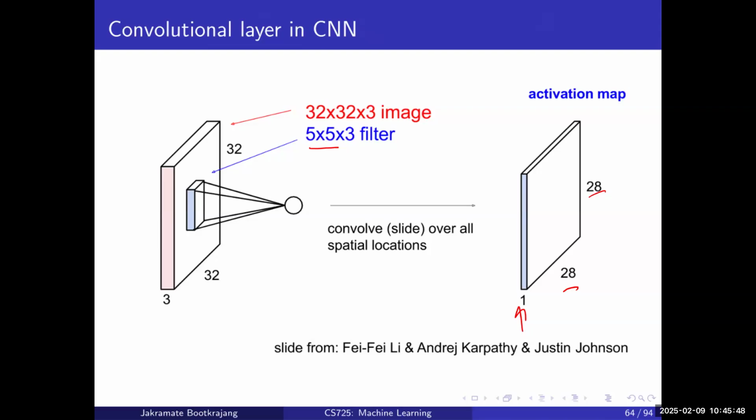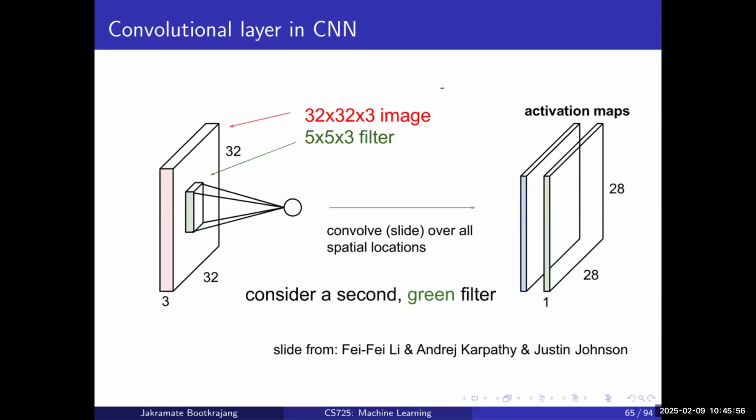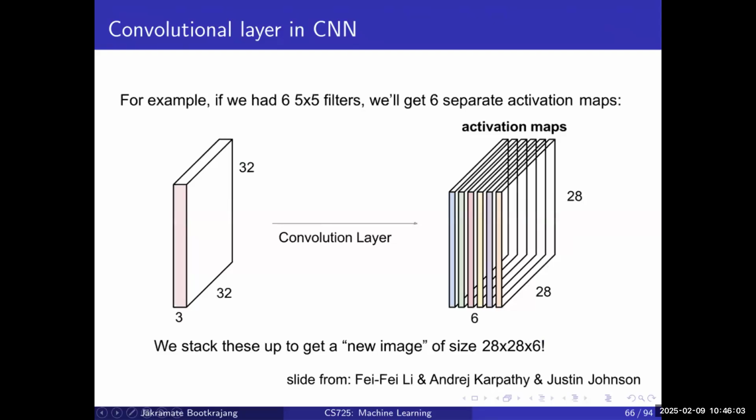And if you have 10 different filters, you would have 10 channels of the image. So if you have 6 filters, you will have 6 activation maps. Basically, we convert one image to another image, but the new image has a different width, a different height, and also a different depth.